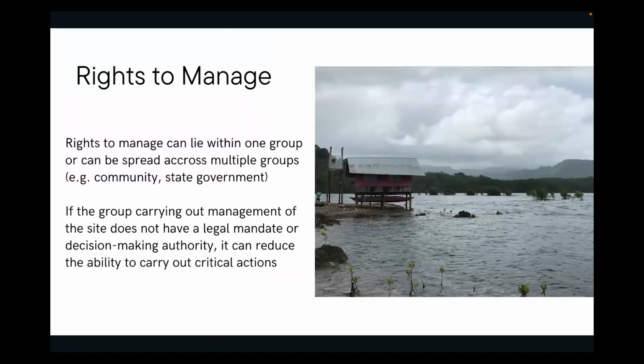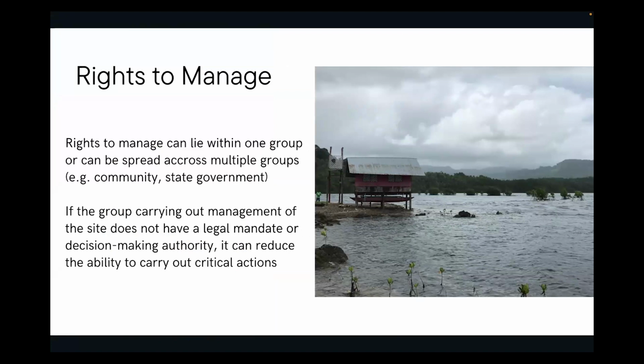In other cases, the main group carrying out the management of the site may not have a legal mandate or decision-making authority for certain critical actions that are needed to be effective. And oftentimes it's about enforcement of rules and regulations.